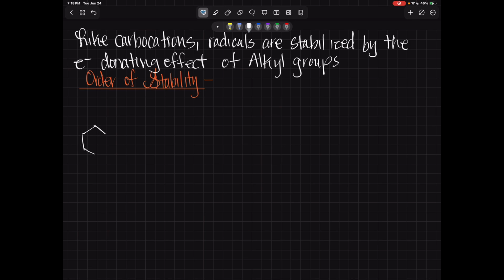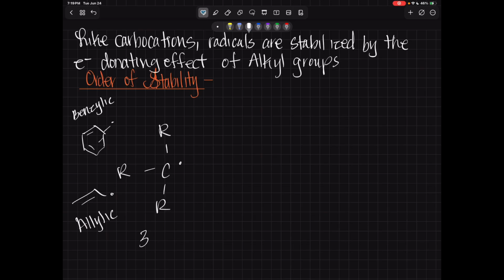So you have your benzylic. There's your little radical right there, just denoted as a dot. Benzylic. You have your allylic. You have your tertiary radical. You have your secondary radical. And you have your primary radical.